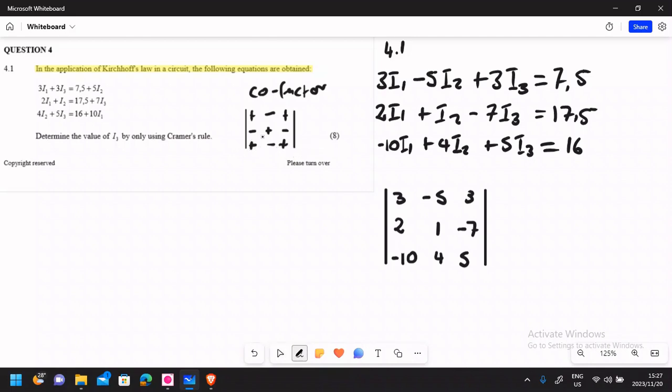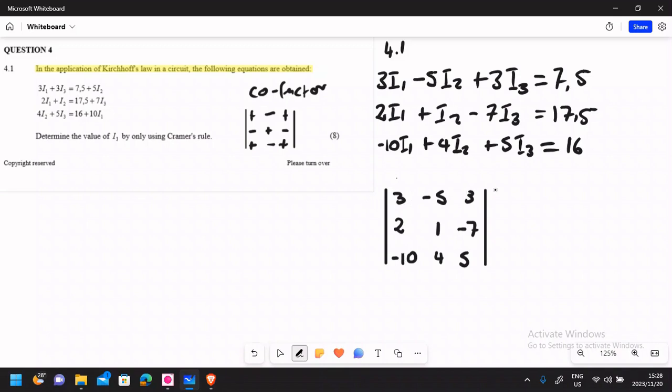All right. Before we continue, you need to know that we have a column. A column is, for example, the first column here, which is 3, 2, negative 10. And then we have a row.